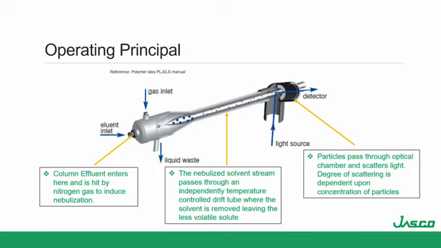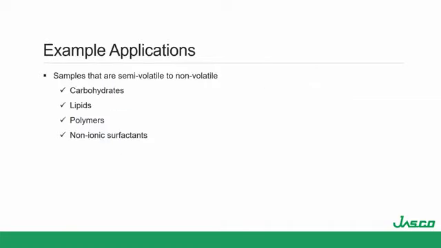The degree of scattering is dependent upon the concentration of the particles and also the size of the particles. So some example applications include samples that are semi-volatile to non-volatile: carbohydrates, lipids, polymers, non-ionic surfactants.